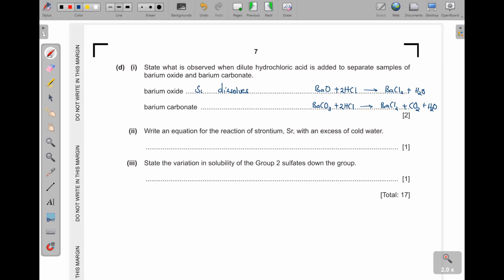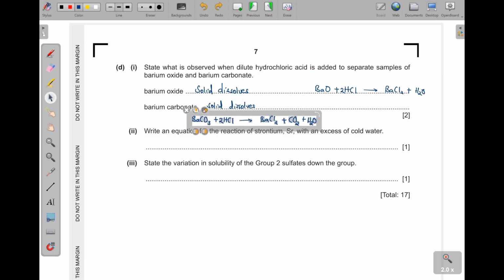Actually, even here, let me add on solid dissolves. But then since there is production of carbon dioxide, I can also say effervescence. In fact, let me take this one away and just put it down here. And effervescence.